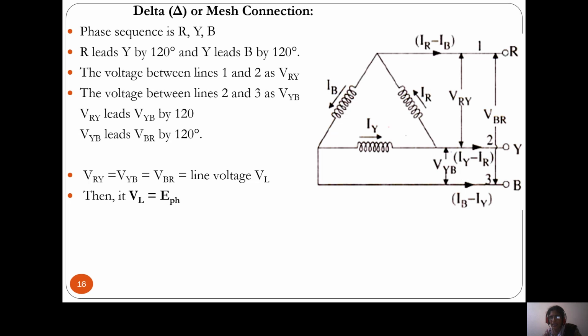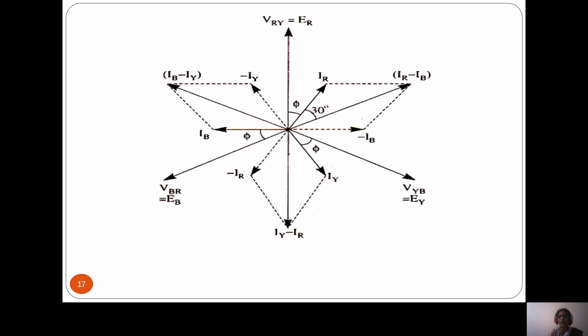In the delta connection, the phase voltage is equal to the line voltage. Then VL is equal to V phase. So here there are VRY, VYB and VBR, and the three phases must differ by 120 degrees.